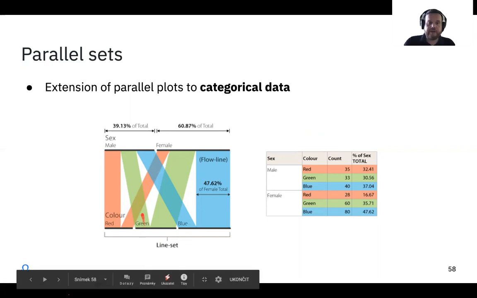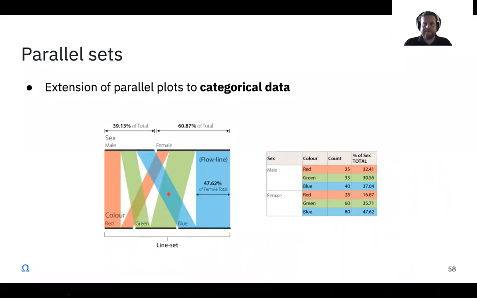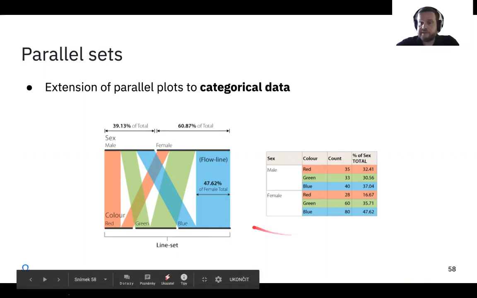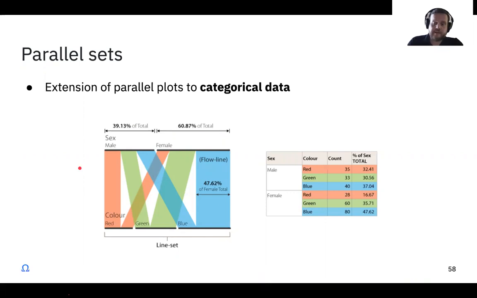Here we have male or female, and here we have red, green, or blue, and here you can kind of see how the populations flow from each of those answers that were asked in that survey, or the possibilities that were asked in that survey.